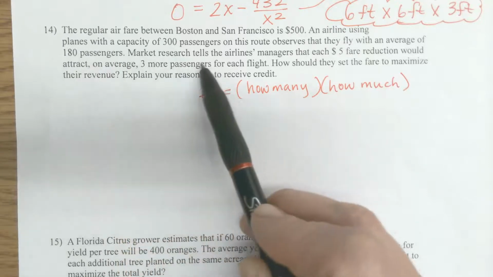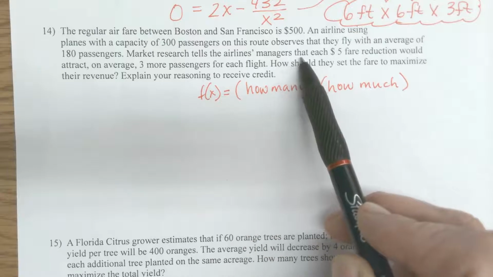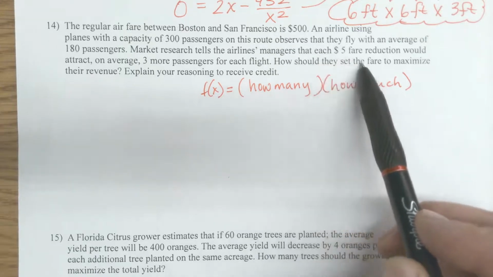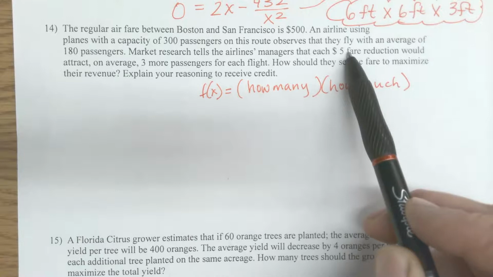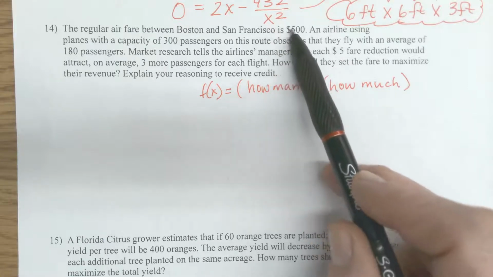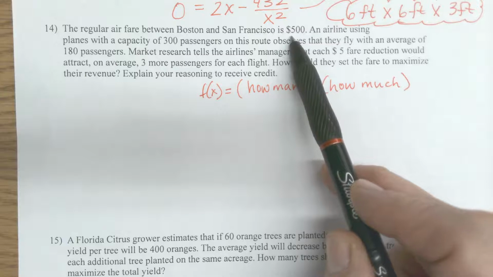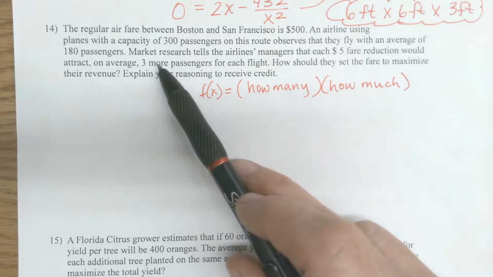They were doing some research to figure out what would happen if they changed the price. They figured that if they reduce the fare by $5, if they charge $495 instead of $500, they would get 3 more passengers on the flight.